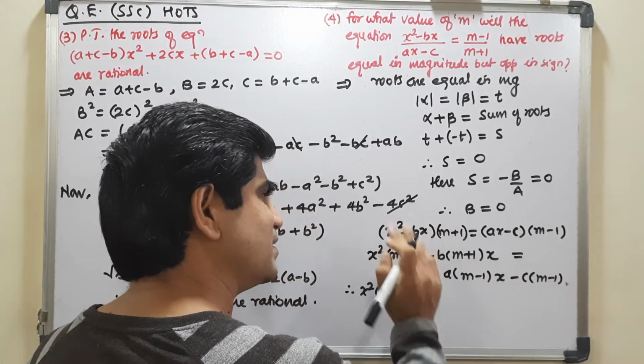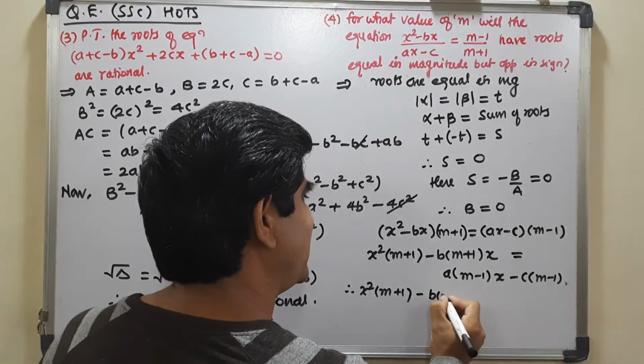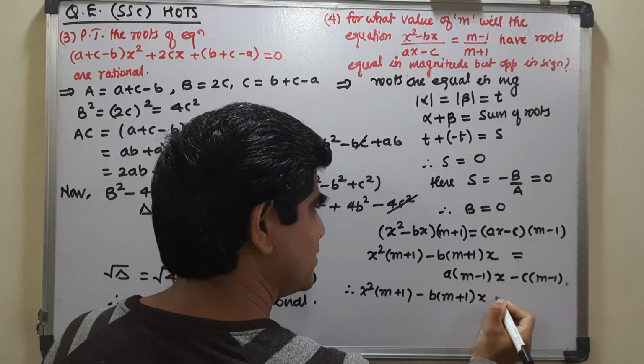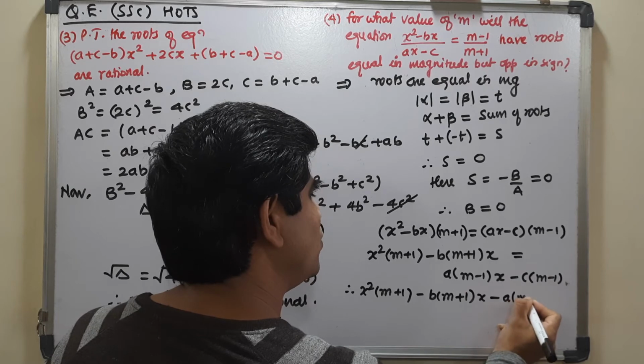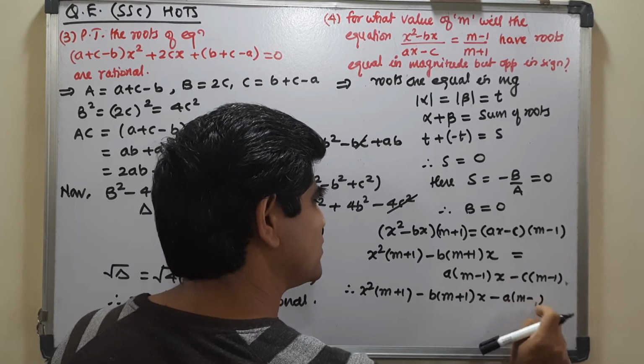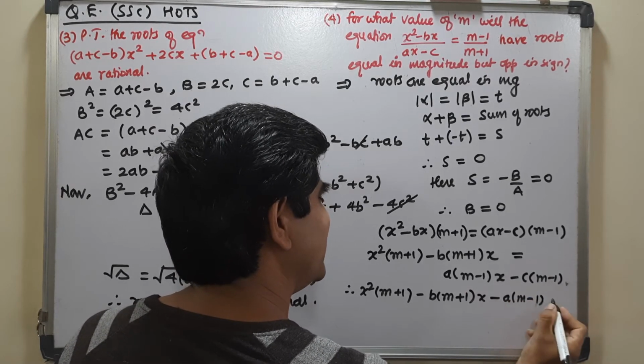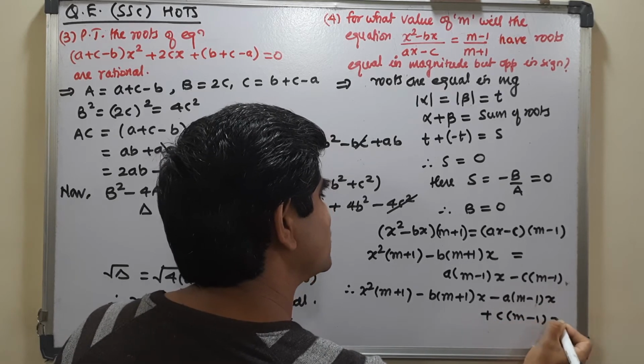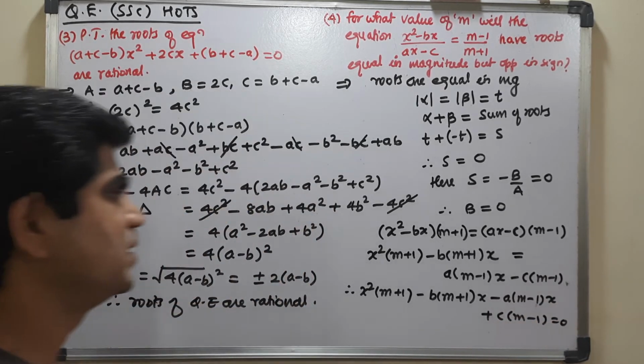But 1x and 1x over here, so I will bring this to this side. So I get here minus b into m plus 1 x minus a into m minus 1 x plus c into m minus 1 is equal to 0.